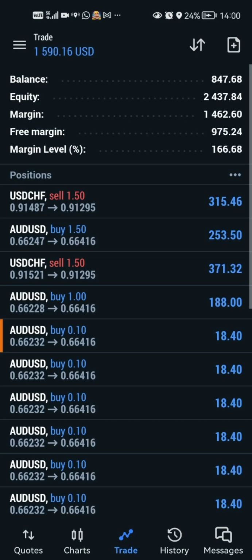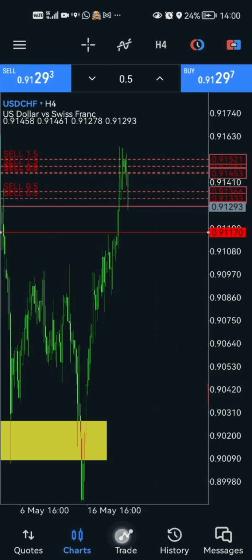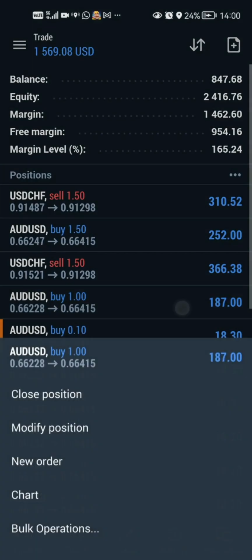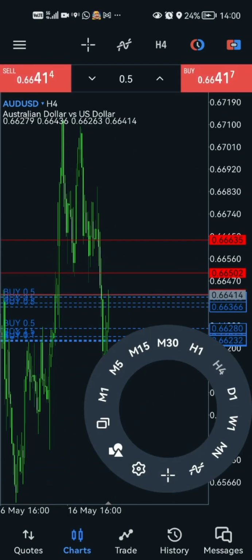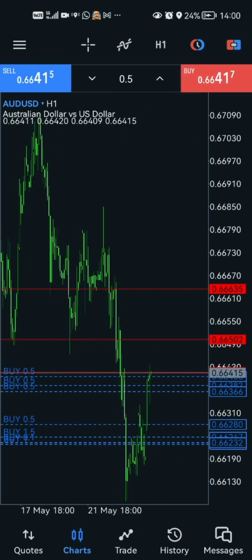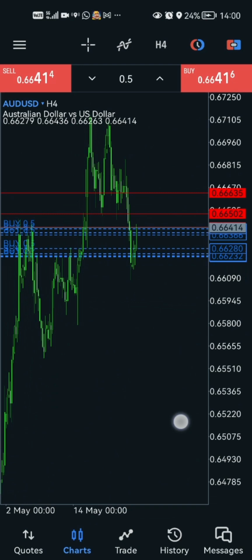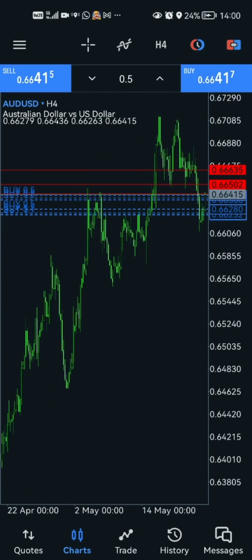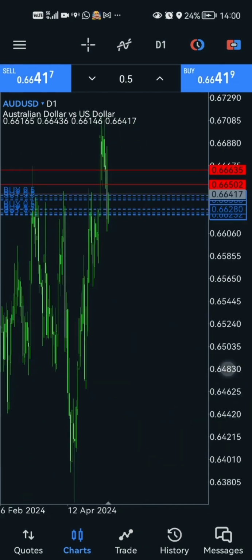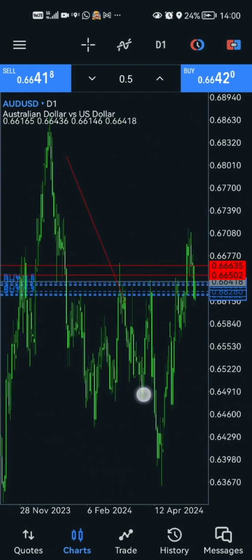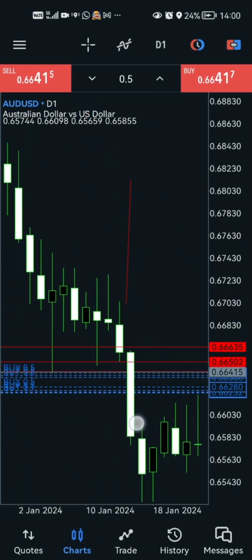So I think a retest is bound to happen. Market has been rising for too many hours. Even same for this side, H4 time frame. We'll look and see. Maybe it's a day candle. Day time frame, I'm zooming up here.